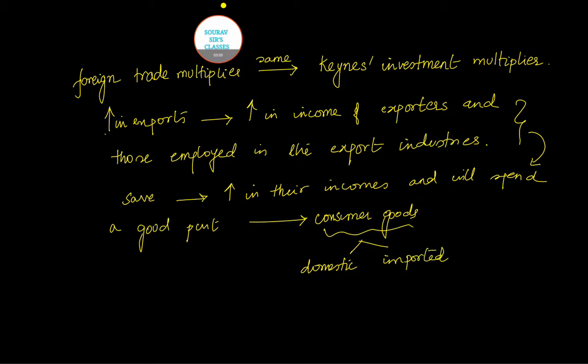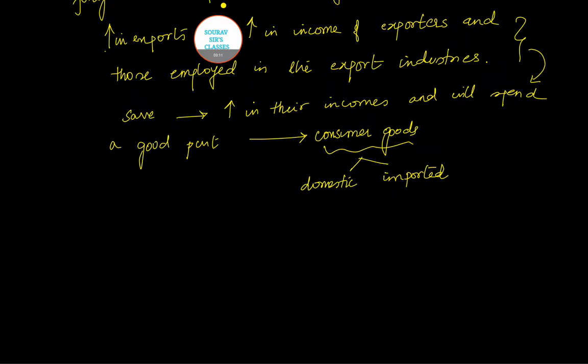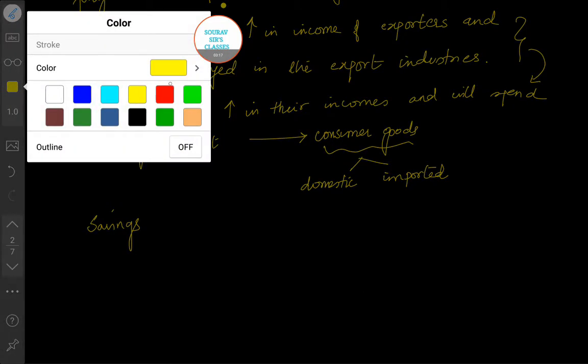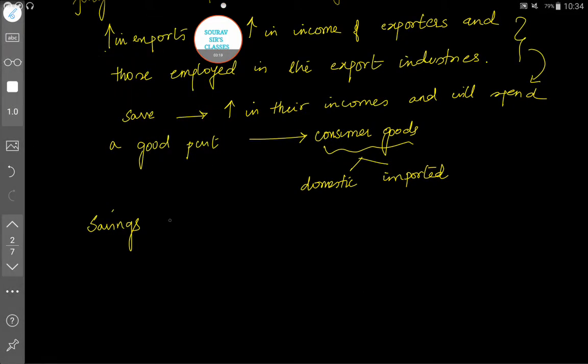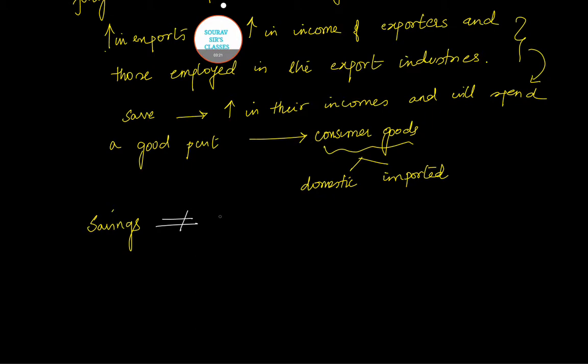Okay. Now, while savings, let me change the color, do not generate further income. Why? Because it actually represents a leakage from the income stream, or from the circular flow, you can say.